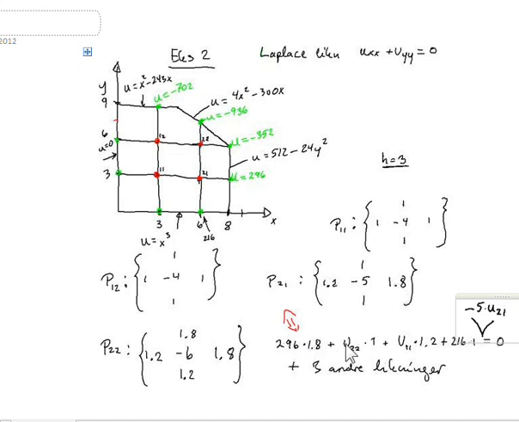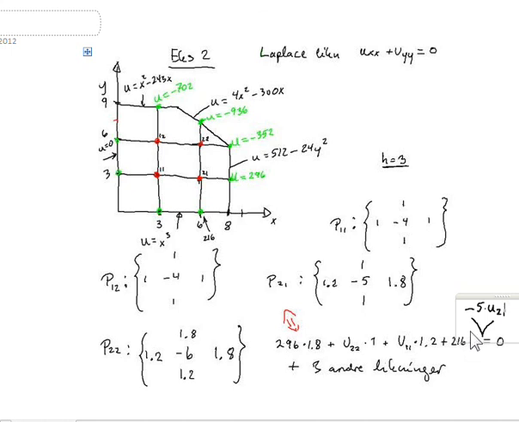Then we add the value on the north, u22, multiplied with this constant, which is 1, and the value in this node point is multiplied with 1.2, what we have done here, and we add the value in this point, which is 216, with 1, was done here.